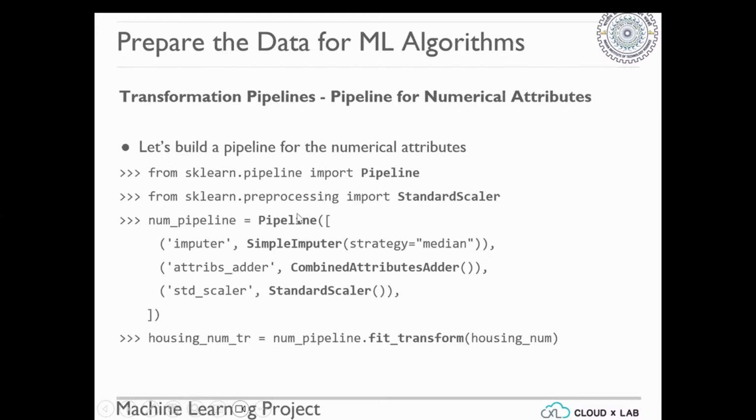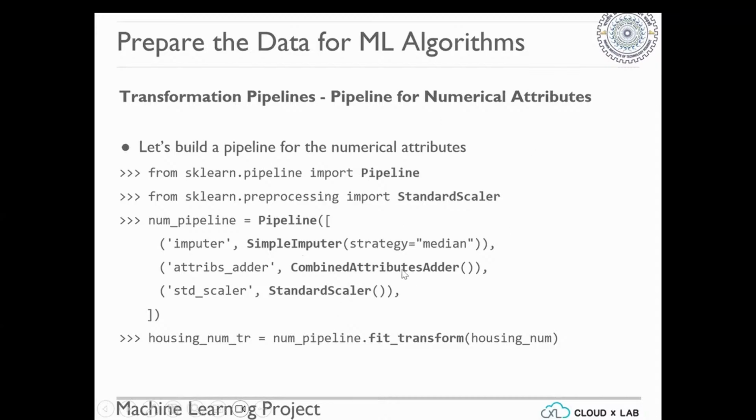And after defining this pipeline, we will use num_pipeline, which is a variable, dot fit_transform function, and we will pass our data set. So this housing_num is a variable that is holding our data set, right? Now over our data set, it will perform these three steps. It will first fill out missing values, then add extra attributes, then do the feature scaling, right?